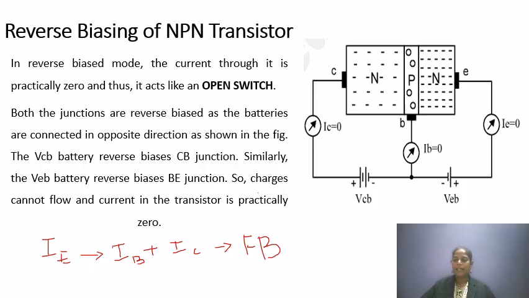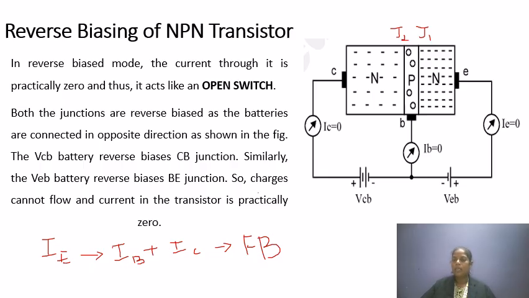Let us see the circuit diagram. See, reverse bias. Same thing: emitter and base is junction 1, and then base and collector is junction 2. Correct? So this negative is connected to positive, and this P type is connected to negative.